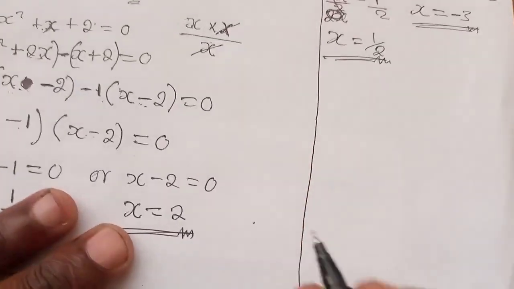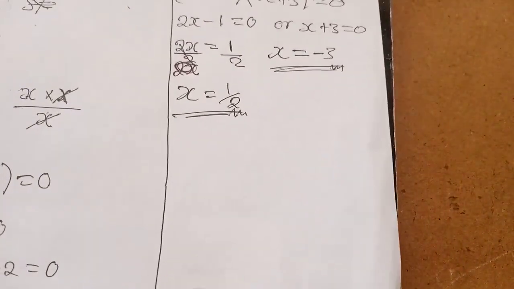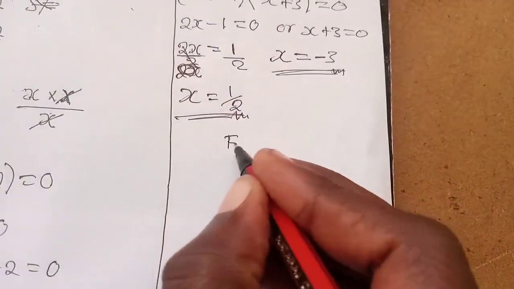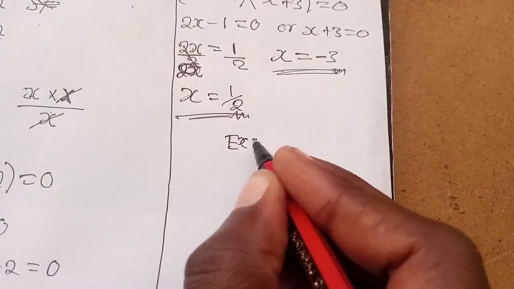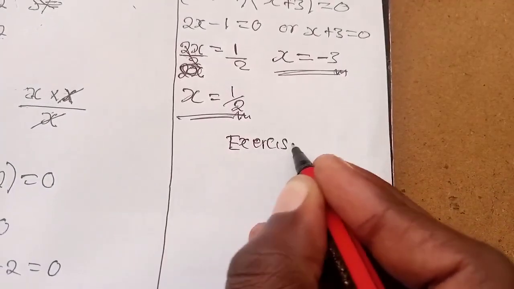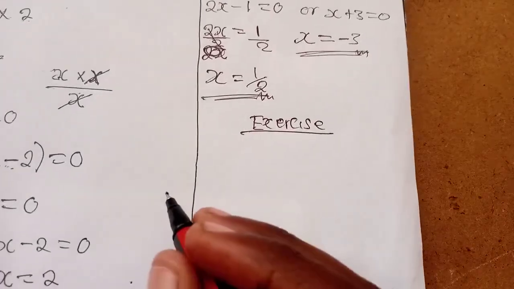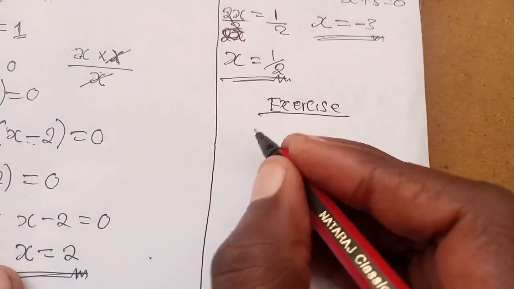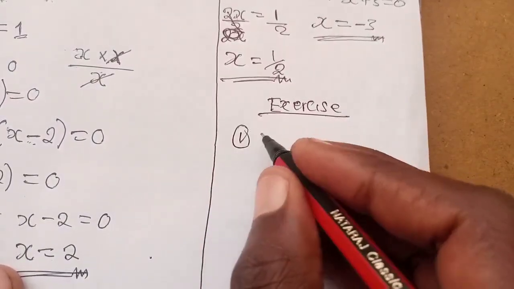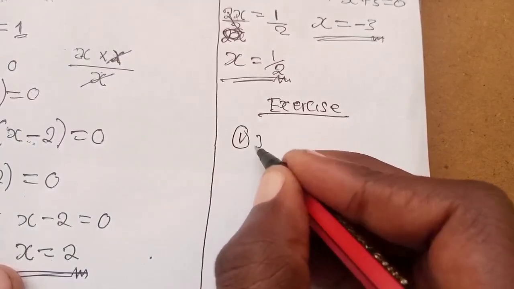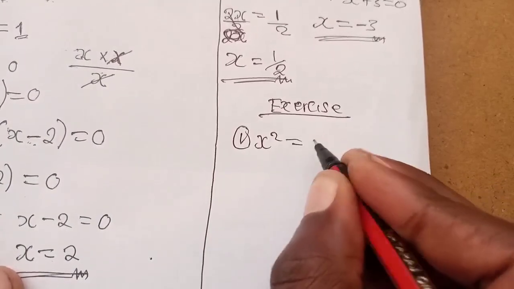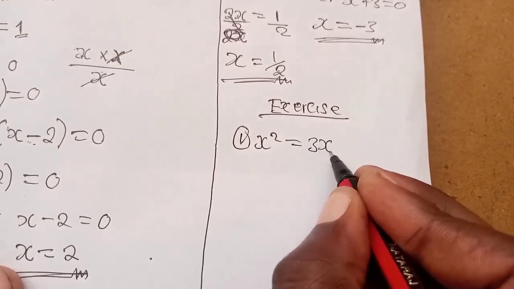So this is our exercise. These are the questions that I want to give you. Number 1 is x squared equal to 3x.